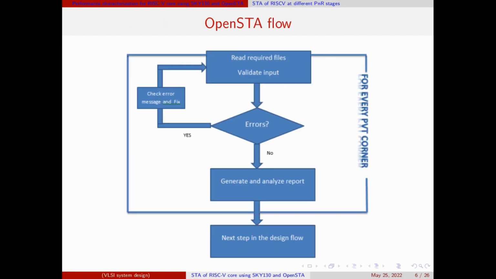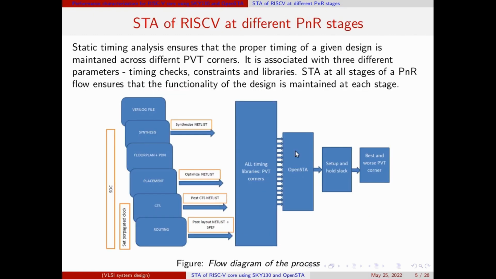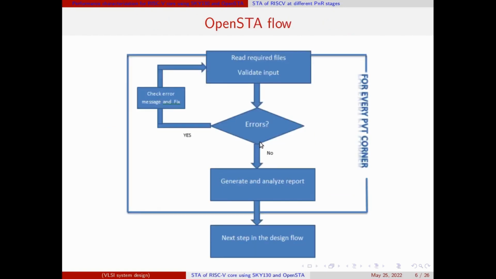Now, this is the figure of the OpenSTA flow, or actually this figure can be taken as the flow for any timing engine. As I said earlier, in OpenSTA we first have to read the required files and validate the input. The input should be in the standard file format, which I already mentioned before.